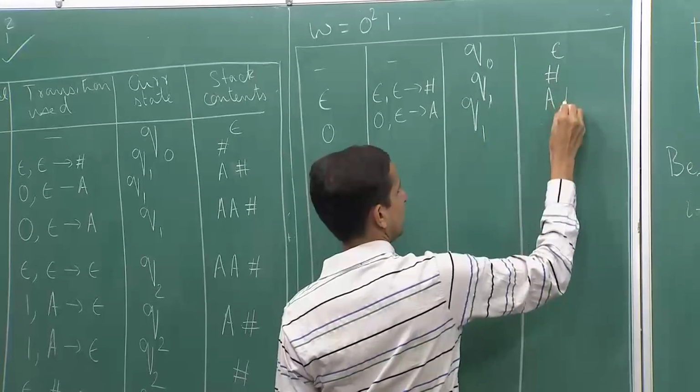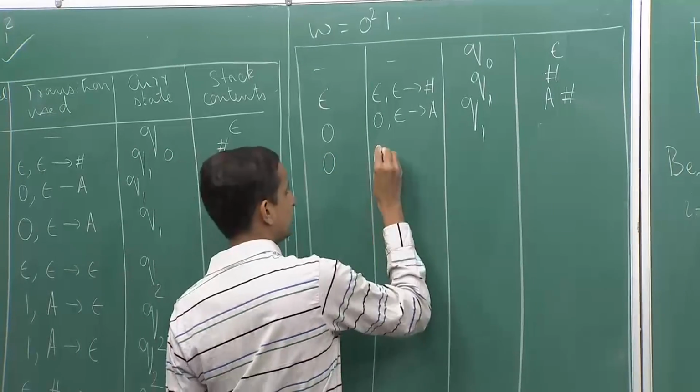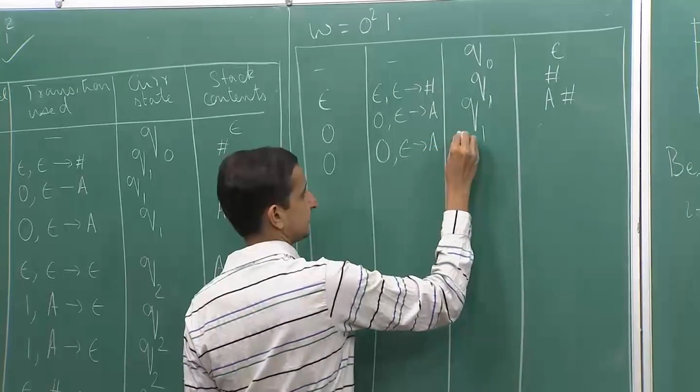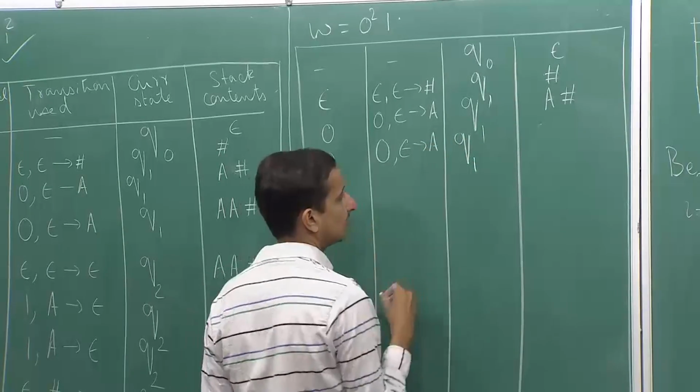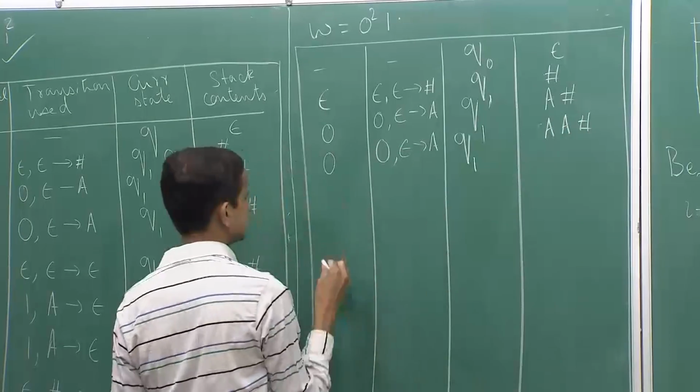I stay at Q1, and the stack has A hash. Again I read 0, use this transition again, and the stack has A A hash.